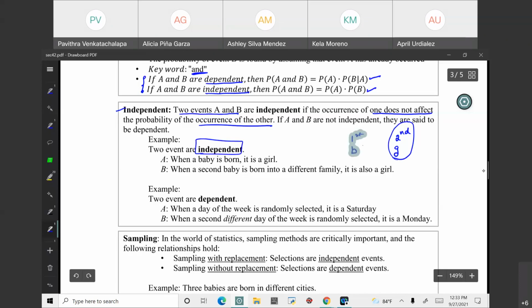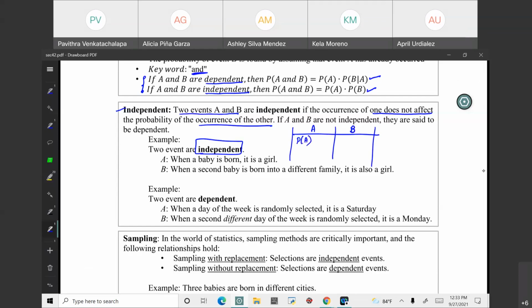Or let me give another example. I'm tossing a coin twice, event A and event B. When I toss a coin, the probability is half, right? We all know that.